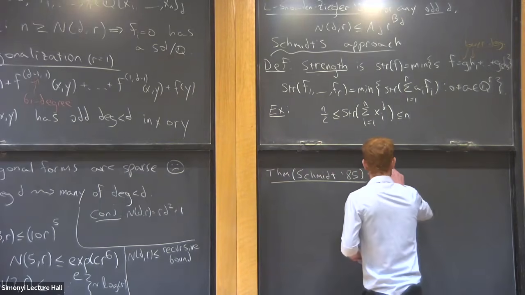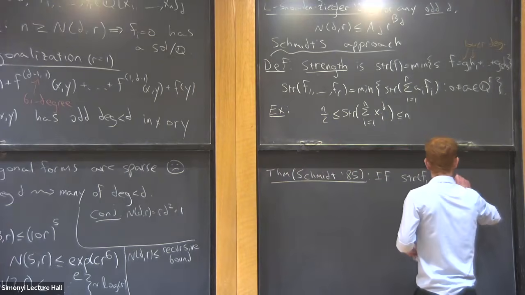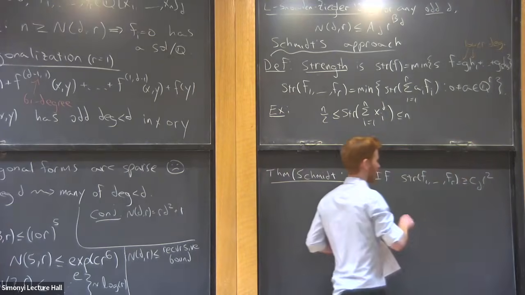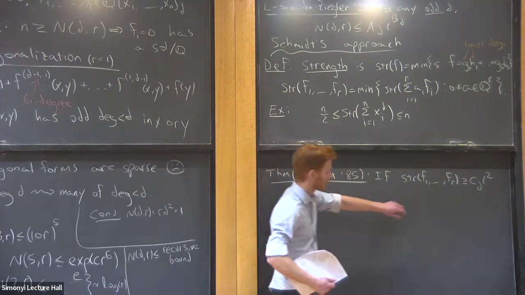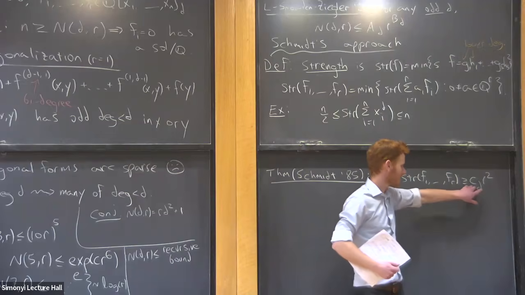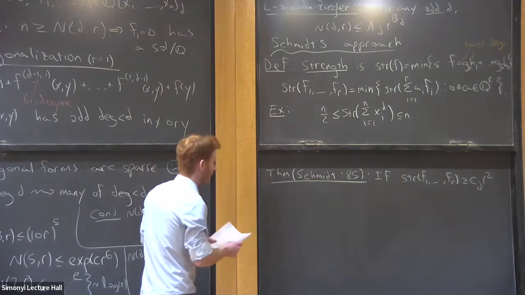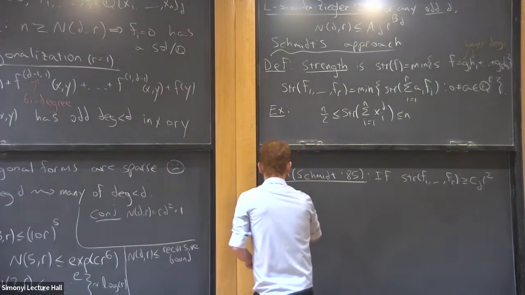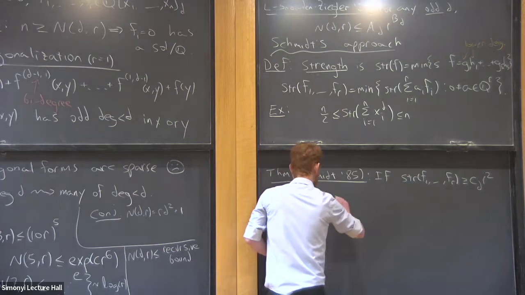So it shows that if the strength of a collection is greater than C_D R squared, and people are rightfully asking about the dependence of some of the constants here on D, this constant is exponential in D. Then under that hypothesis, the variety where the F_i vanish has Zariski dense rational points.